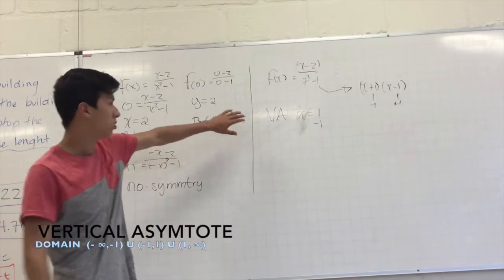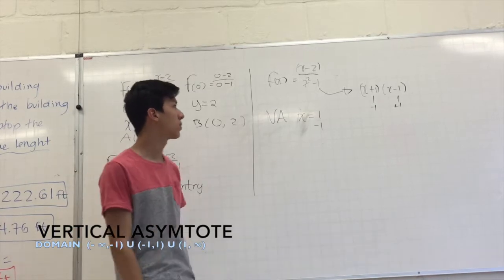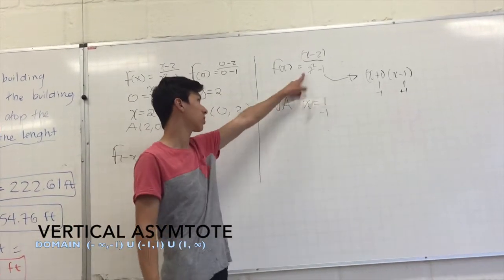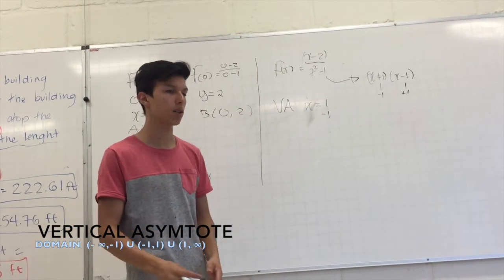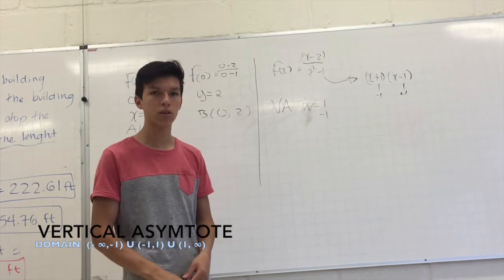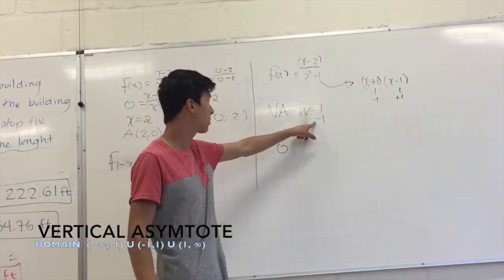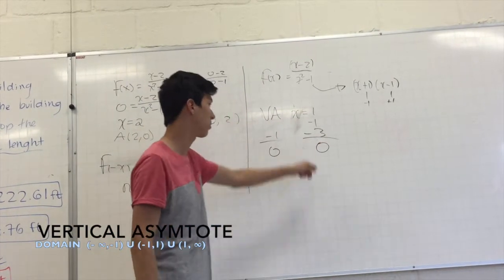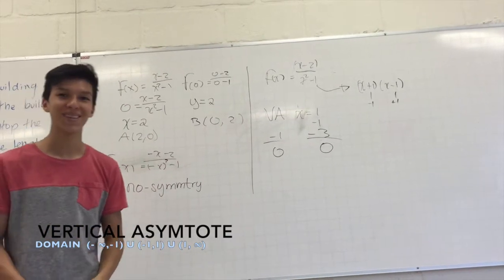So now in order to figure out if this is a gap or a vertical asymptote, we have to plug the numbers here, and if we have a number over 0, it is a vertical asymptote, and if we have 0 over 0, it is a gap. 1, 0, number over 0. Both numbers are vertical asymptotes.